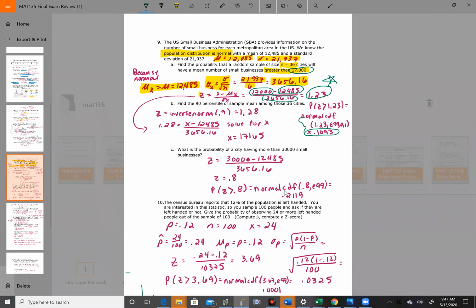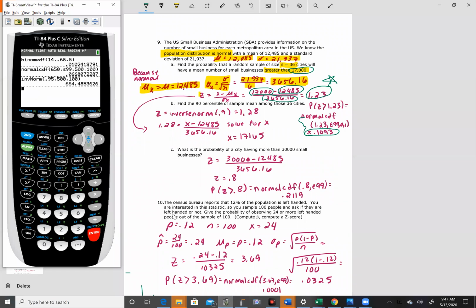If you wanted to use your calculator, you go to Stat, Tests, Z-test number 1, and we have the stats. So what we're going to put in is our mu, which was 12,485.